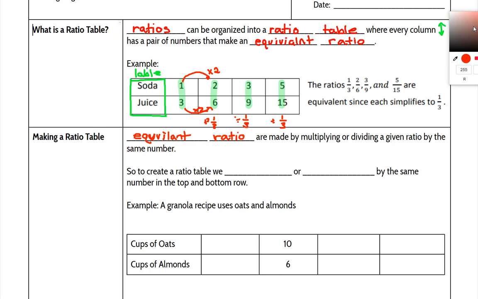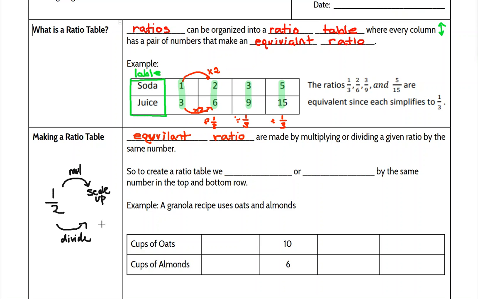So if we start out with any kind of fraction, like 1/2, if I multiply, I am scaling it up, making it bigger. If I take that same fraction and I do the top and the bottom, but I divide, I would be scaling down. Okay, so we can make the ratio an equivalent ratio that's bigger or an equivalent ratio that's smaller.